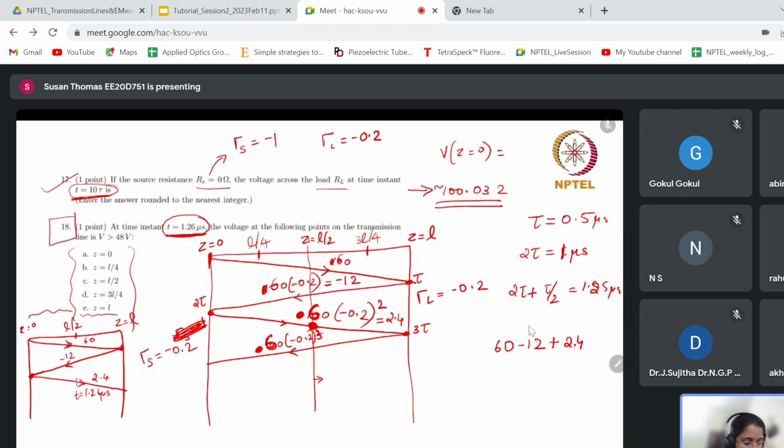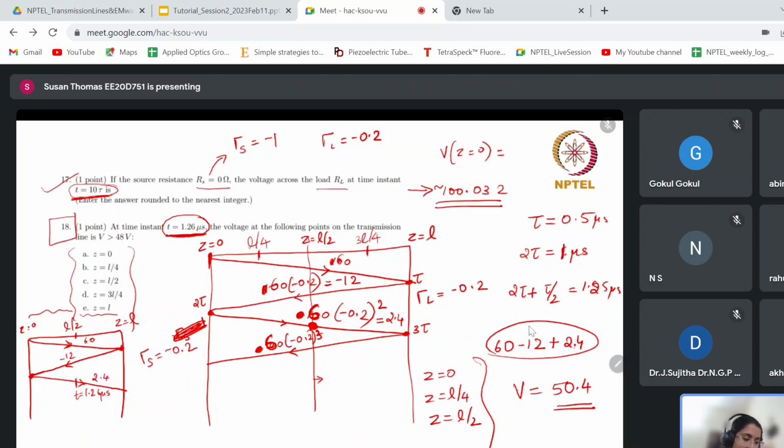So from z equal to 0, z equal to L by 4, z equal to L by 2, that means till the middle of the transmission line, you need to add all these voltages. So what you will get? 60 minus 12, 48 plus 2.4. The total voltage will be 50.4.